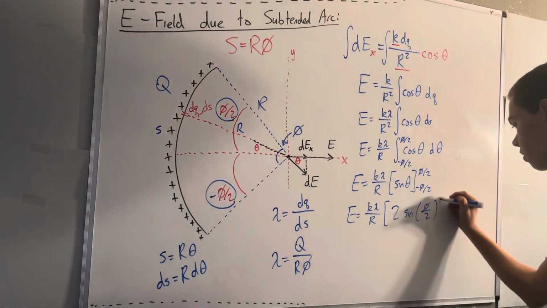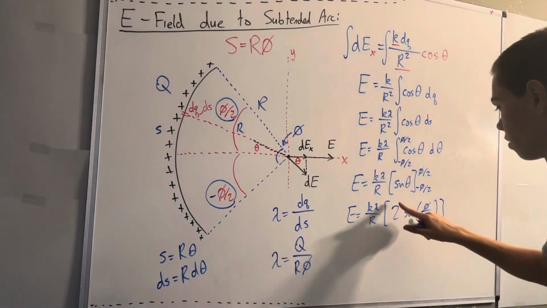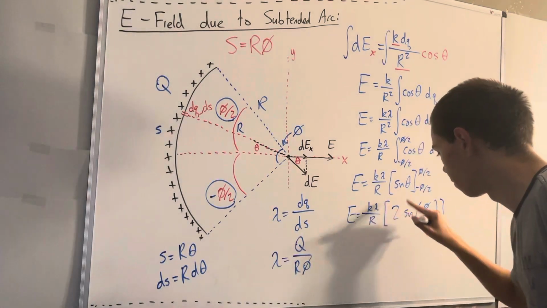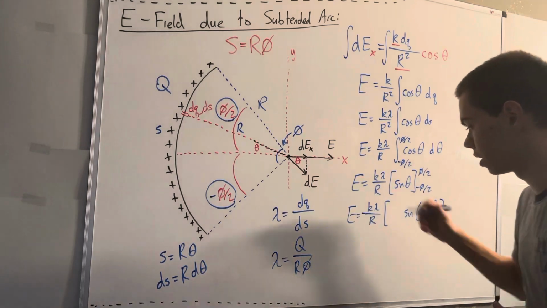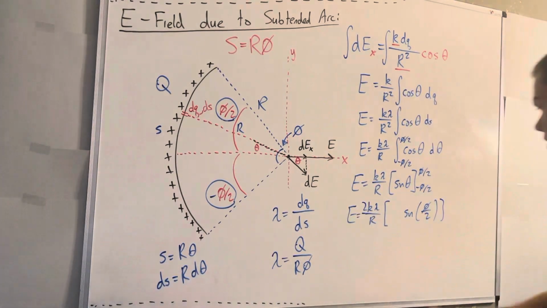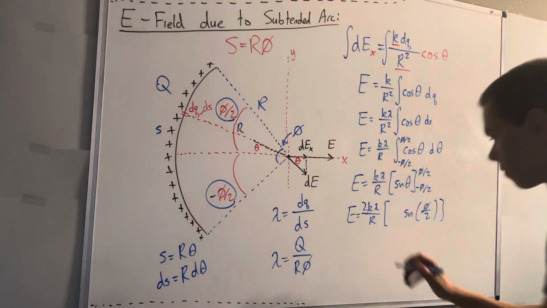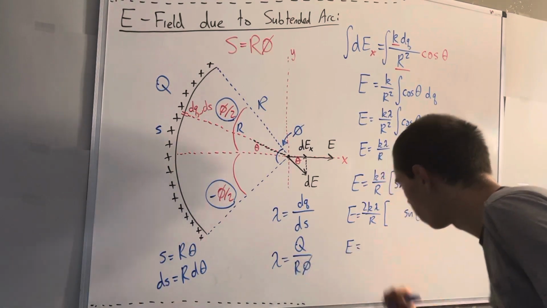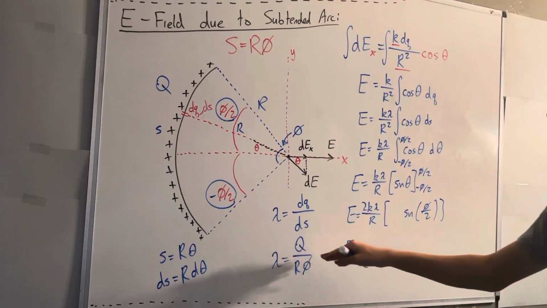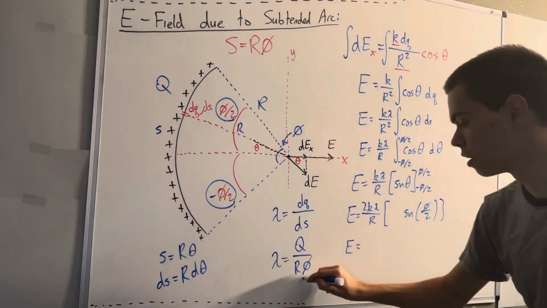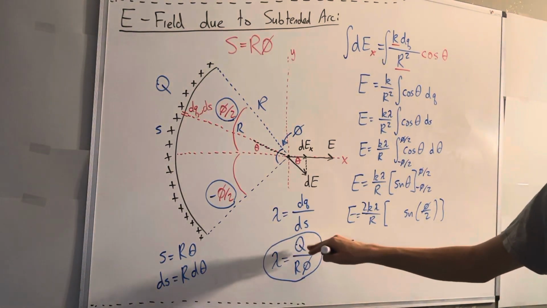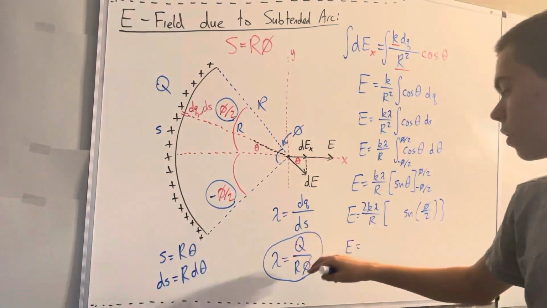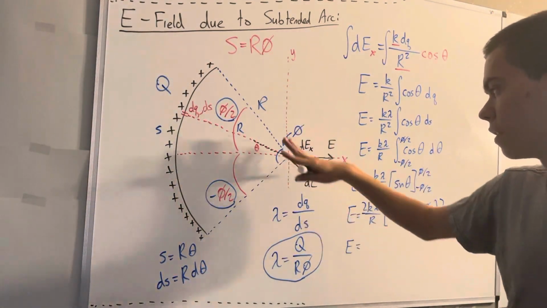Since we have a 2 there, we could really just move our 2 out to the other constants. So this is what we have, essentially. And we only have one thing left to do. We have to write lambda as q over r phi, because this is what lambda is in terms of the things we were given: the charge of our arc q, r the radius of our arc, and phi the angle of our arc.